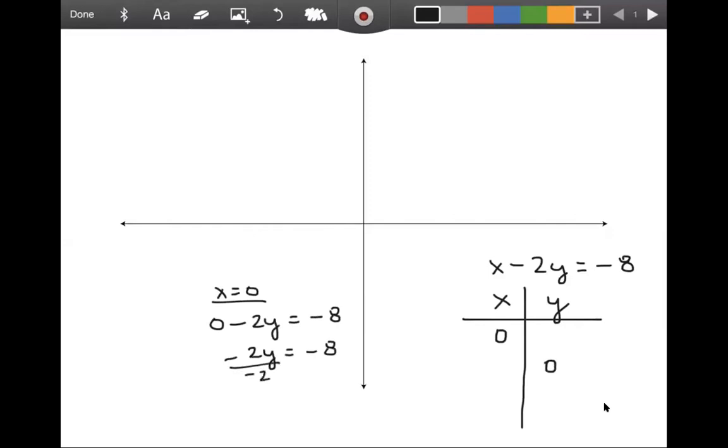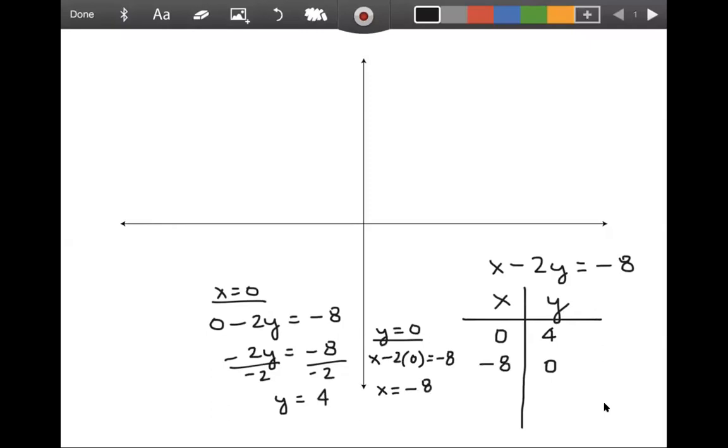Dividing both sides by -2, you get y equals 4. All right, and then for the x-intercept, I'm going to set y equal to 0, and that's going to give me x minus 2 times 0 equals -8. And that just gives me x equals -8.